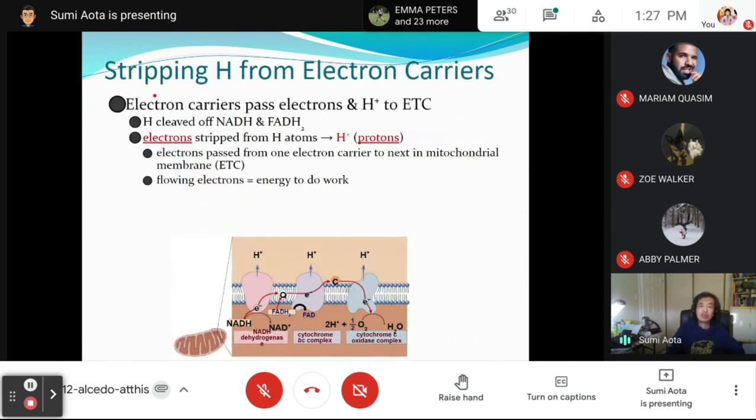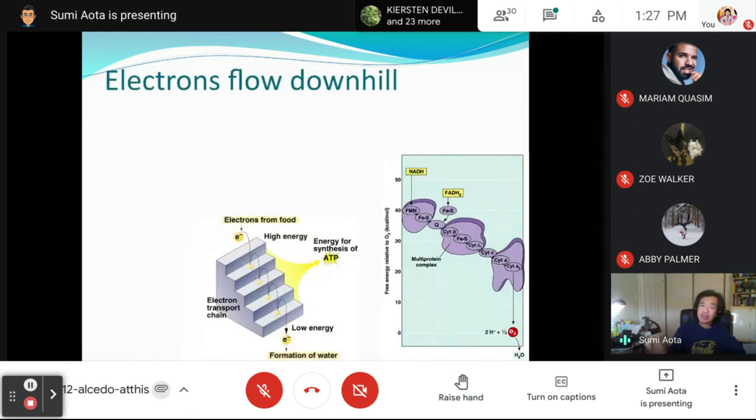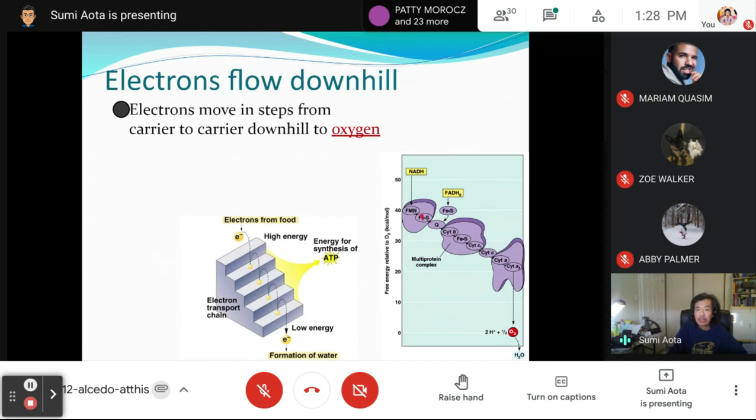The electron carriers pass electrons and hydrogens to the electron transport chain. The hydrogen is cleaved off the NADs and the FADs. The electrons are then passed from one electron carrier to the next in the mitochondrial membrane, and those flowing electrons provide the energy to do work. The reason the electrons go down this chain is that each component of the electron transport chain is more electronegative than the previous.